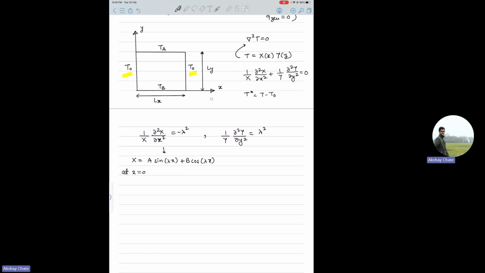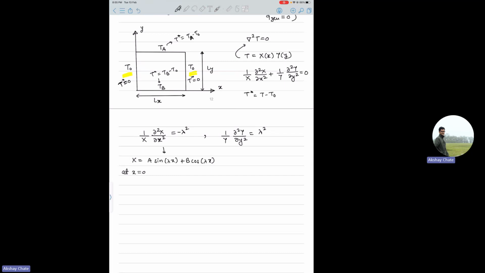So in that case, T star is 0 here, T star is 0 here, T star will be TB minus T0, and here the non-dimensionalized number will be TA minus T0. It's just the way of writing, because now this becomes 0, right? So this makes our life easy.